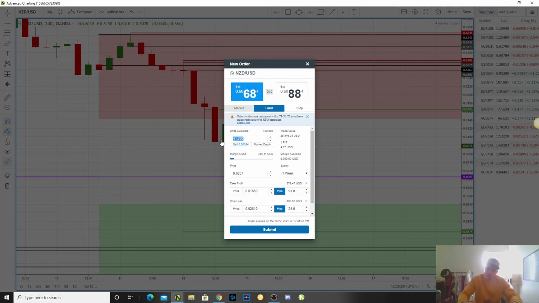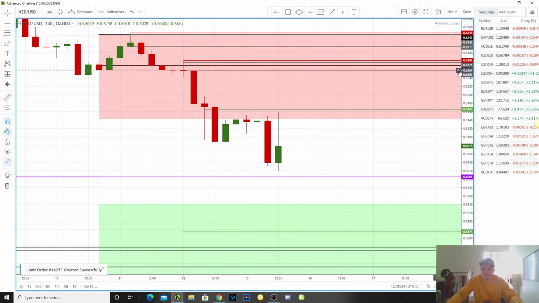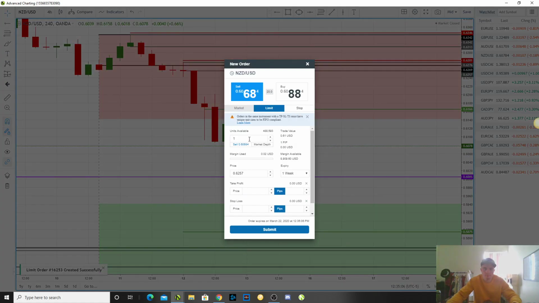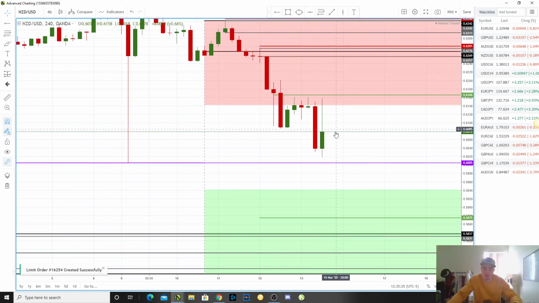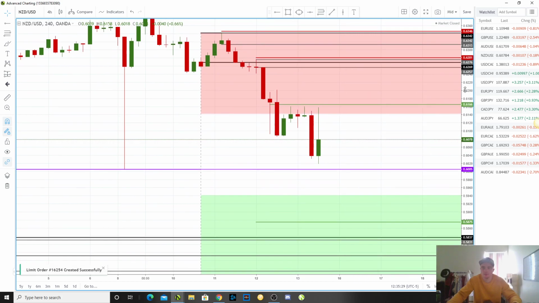Alright, so it'll be 37.47. So if this gets filled, this would be a great opportunity to actually build a position to the downside.